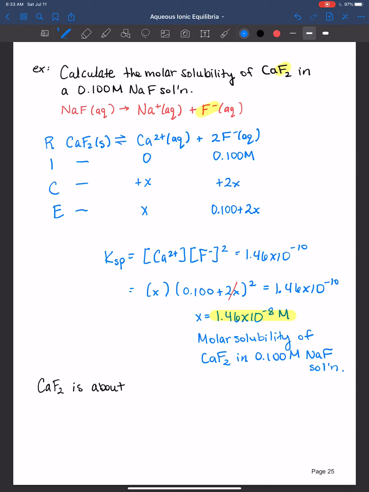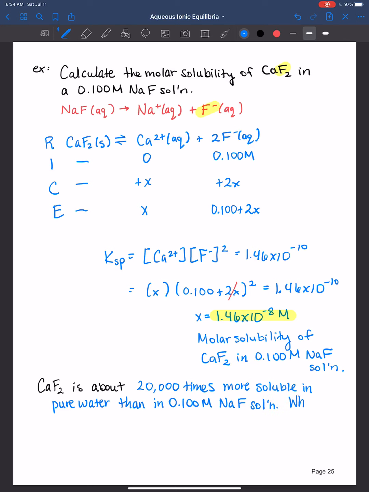So calcium fluoride is about 20,000 times more soluble in pure water than in 0.1 molar sodium fluoride solution. Why is that? I always ask, why?